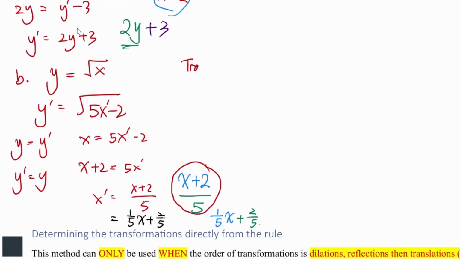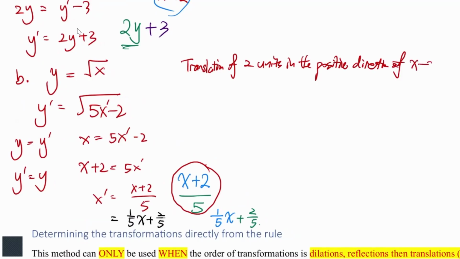You can say translation of 2 units in the positive direction of x-axis.